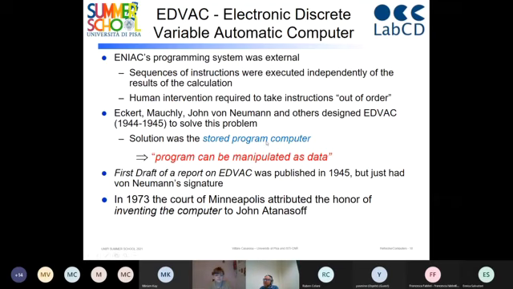This is considered the real first ancestor of computers as we see today, because the big advancement in this computer was that the program was treated the same way as the data. So you only had one kind of memory, and in this memory you could put both the program and the data on which the program was acting.